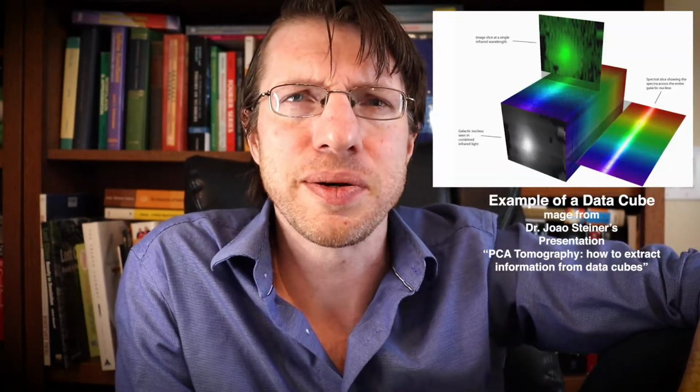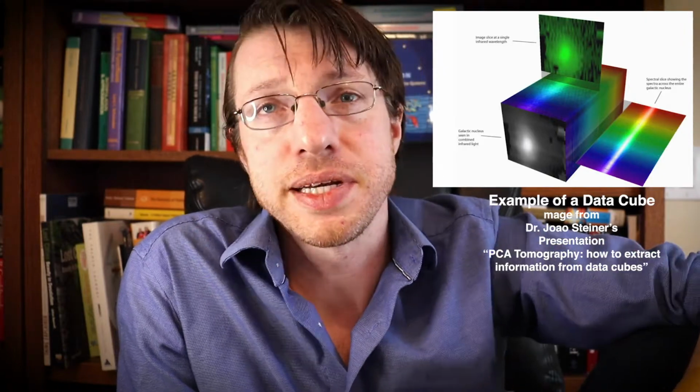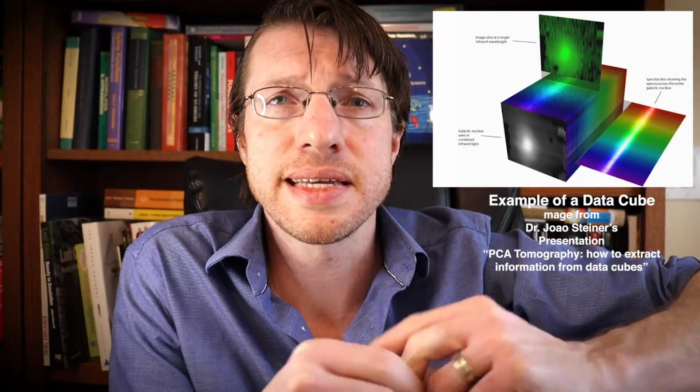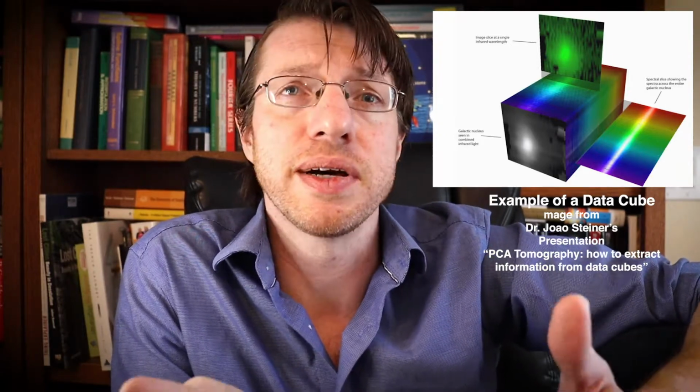Now, what's cool is there's this application that takes it beyond just, say, denoising, and this is called PCA Tomography. And this is where you do an analysis of what are called data cubes. This is a concept that comes from astronomy, in particular radio astronomy, where you basically take a picture and you take the same picture in several different wavelengths.